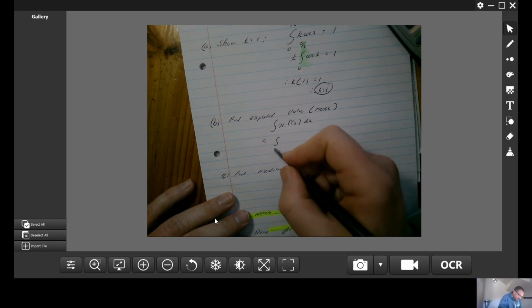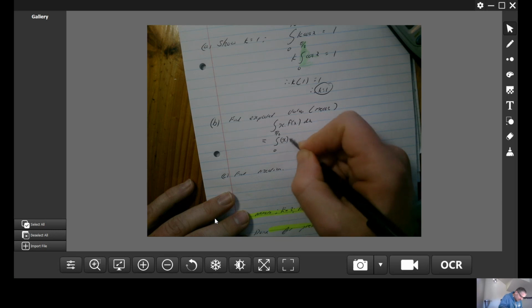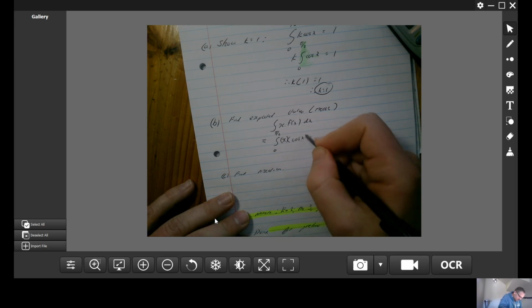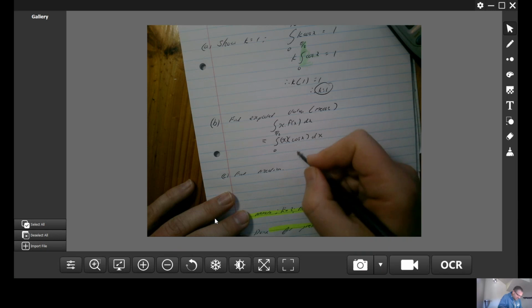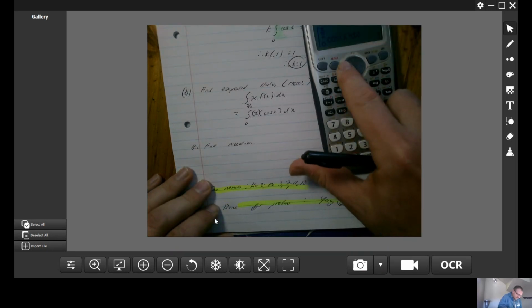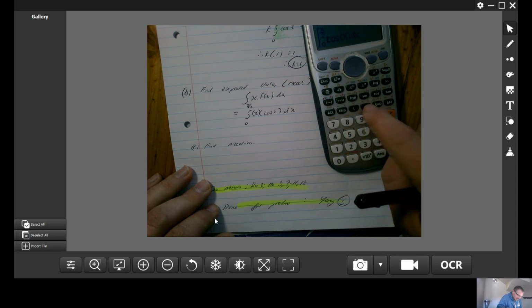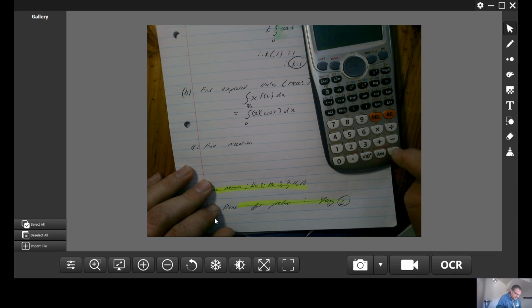So in this case, it's the integral between 0 and pi by 2 of x times f of x, which is just cos x, because k is 1, with respect to x. So we just chuck that into the calculator. In fact, I can just go back and shove in an extra x: the integral of x times cos x with respect to x. And that should work.